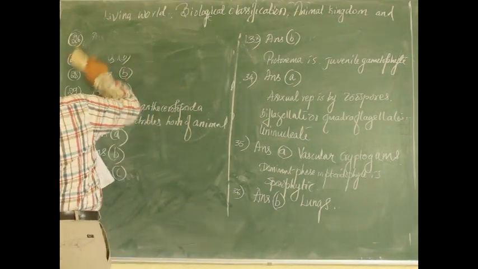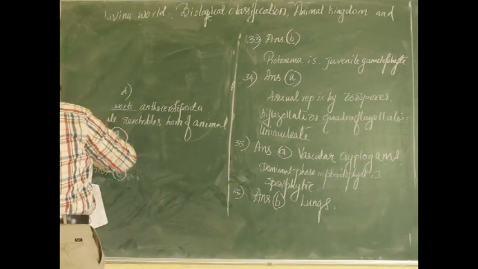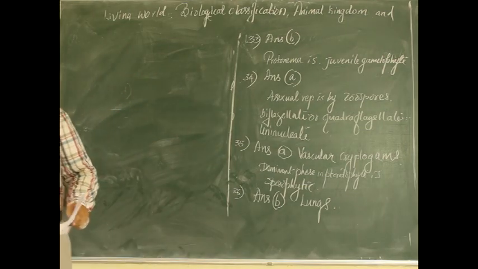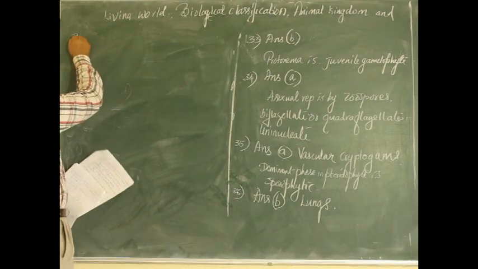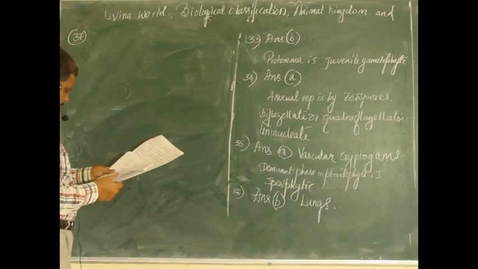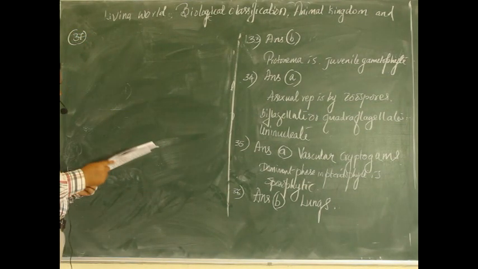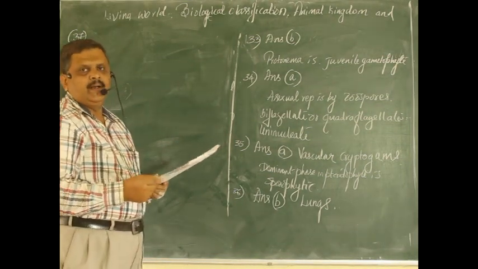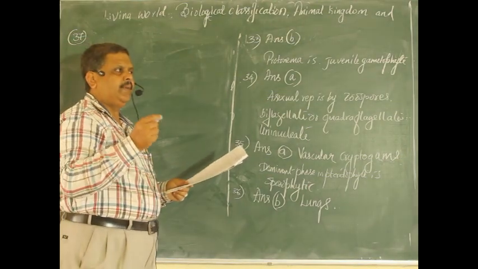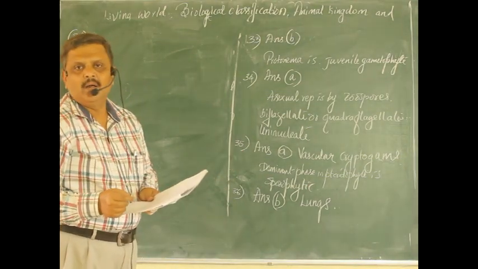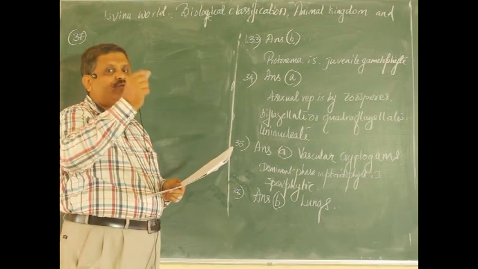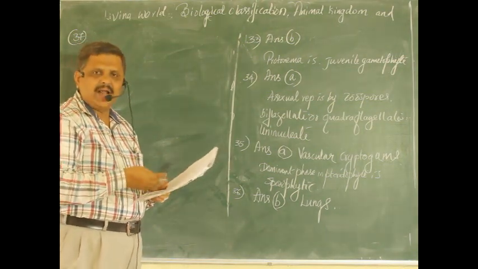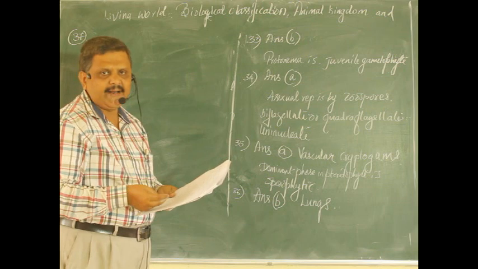Now the next question, question number 37. Which of the following is a matching set of phylum and its three examples? Dear students, you should make a chart, if possible, of phyla and their characters, because this type of question is quite common in NEET as well as CET.